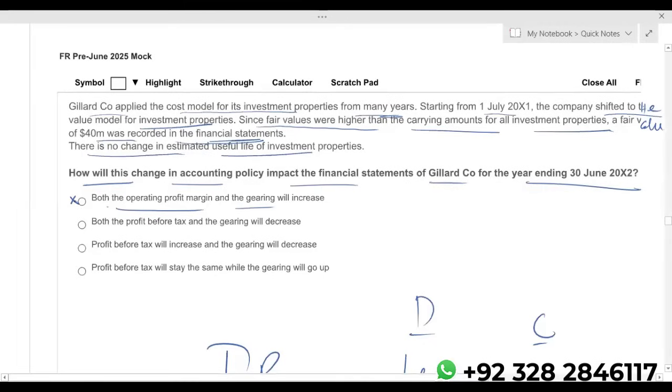Gearing is the debt to equity ratio. When the equity is increasing, then the percentage of gearing will not increase. The percentage of gearing will decrease. Both profit before tax and gearing will increase? Wrong. Gearing will decrease, but profit will increase. Profit before tax will increase and gearing will decrease. This is logical.